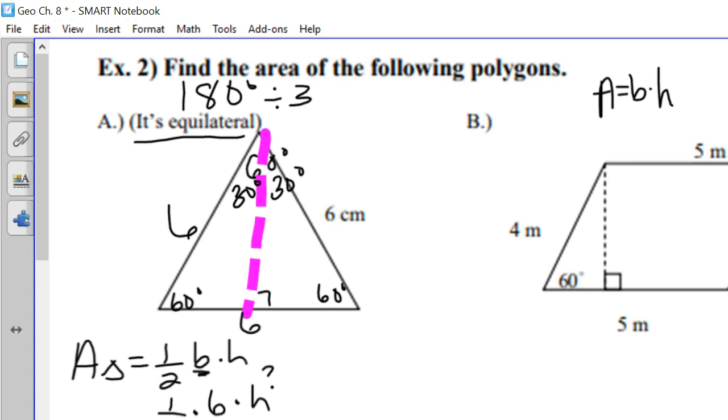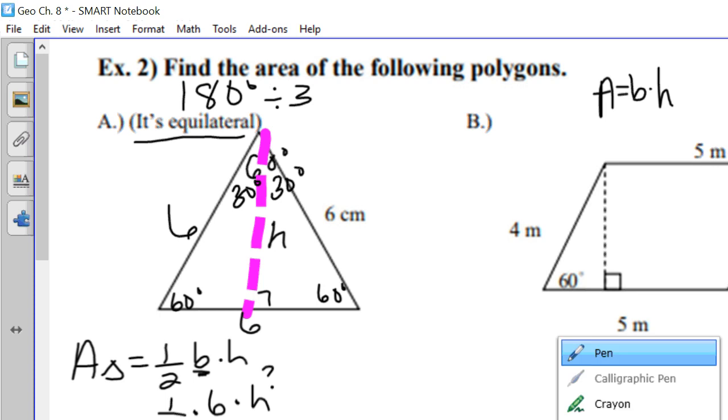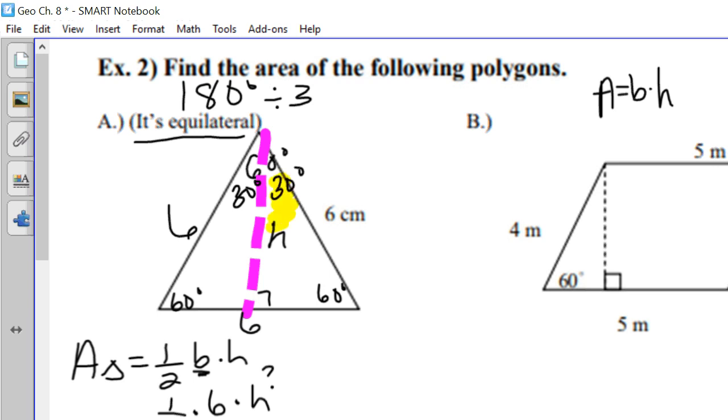We are not going to know the height, so we're going to call that H. If we just look at our 30, 60, 90 part, H is going to be the long side.